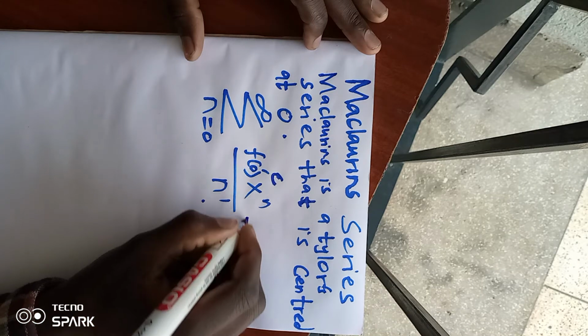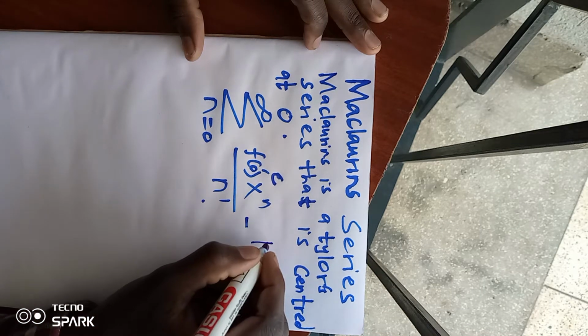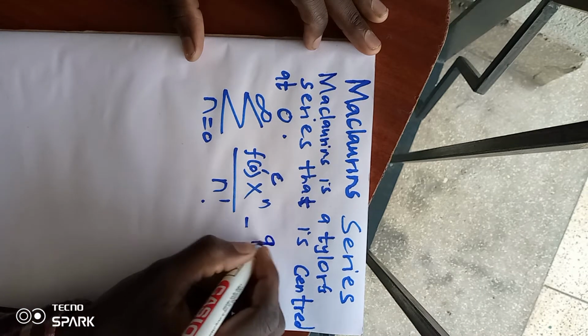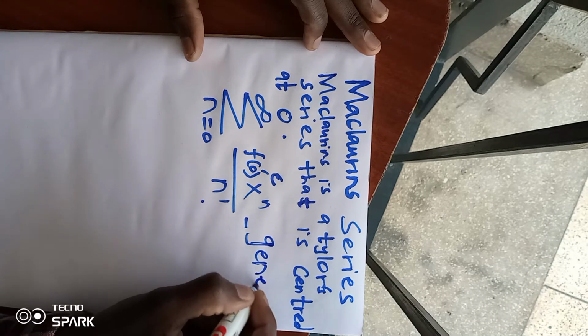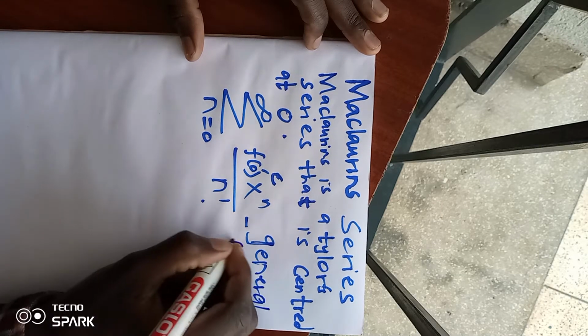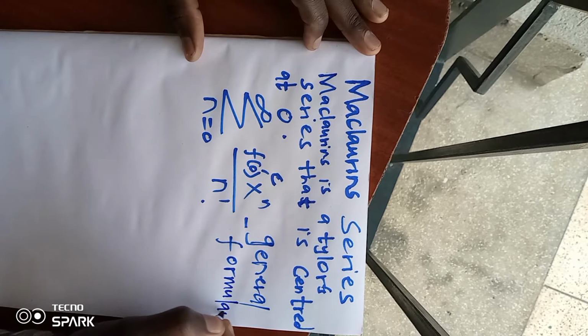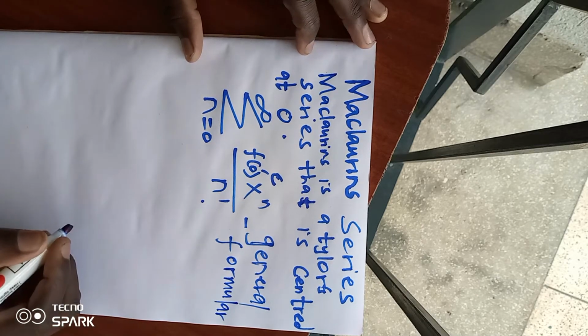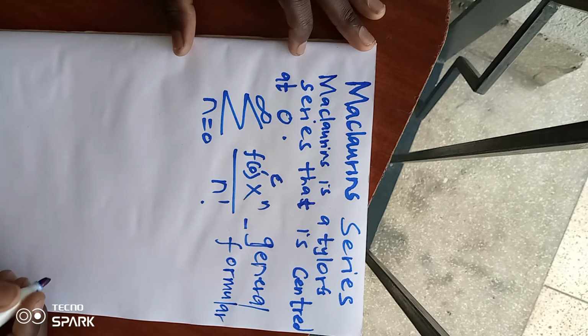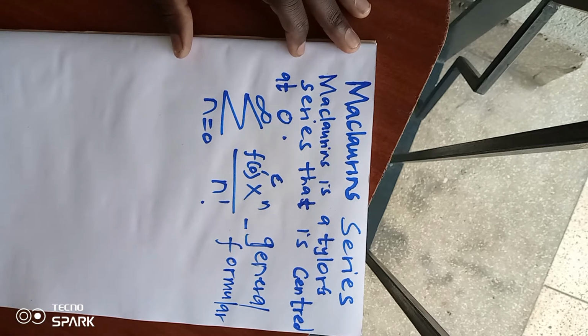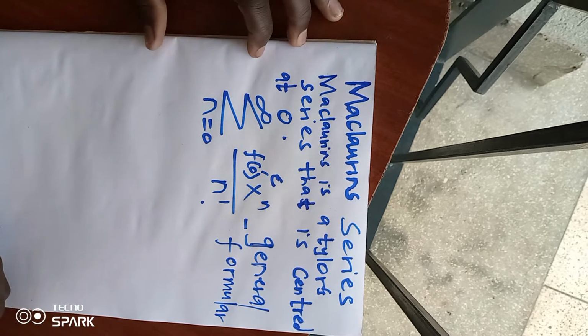So this is its general formula. Let us look at one example of how we can solve a problem under the Maclaurin series.